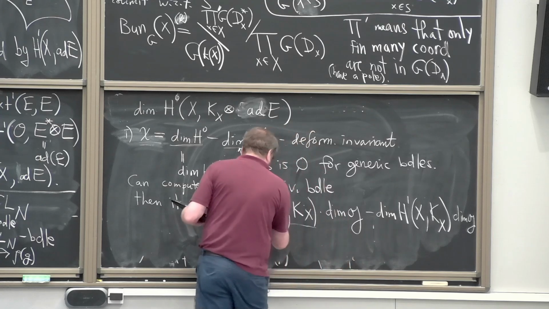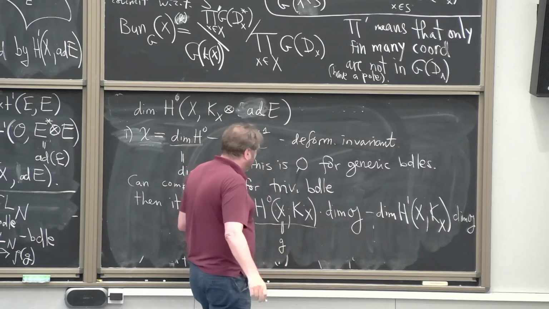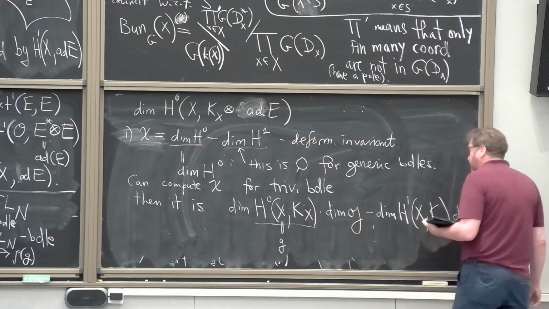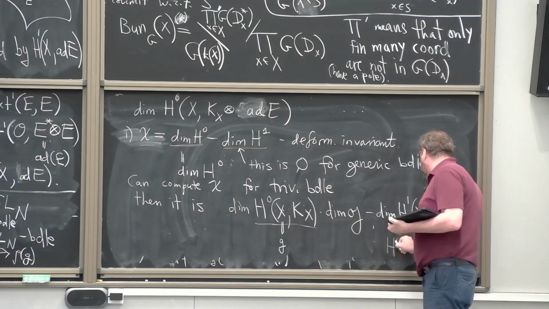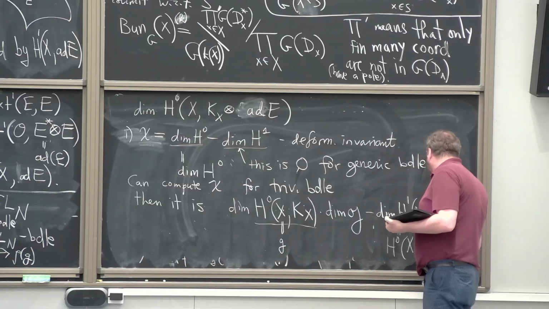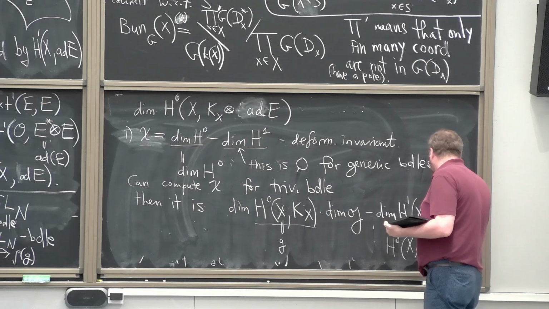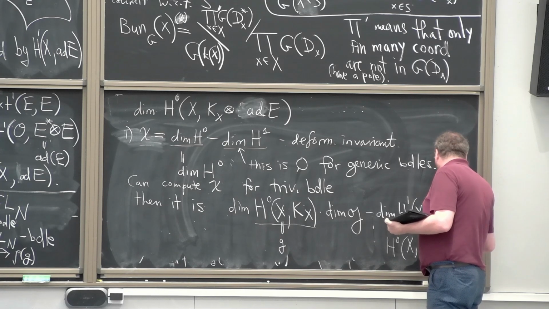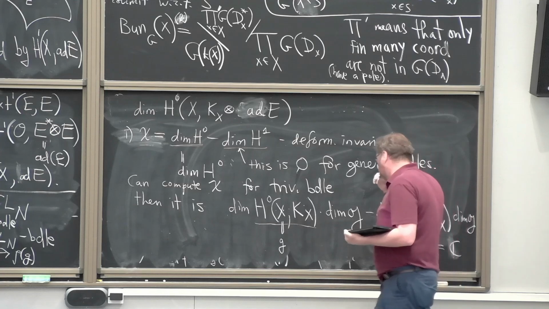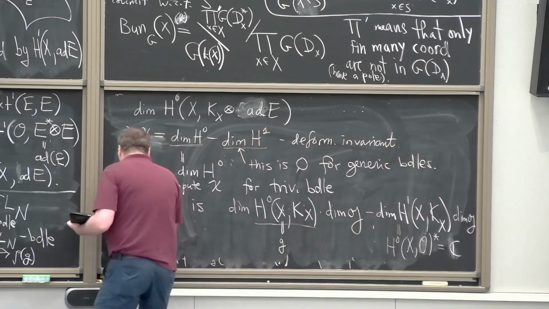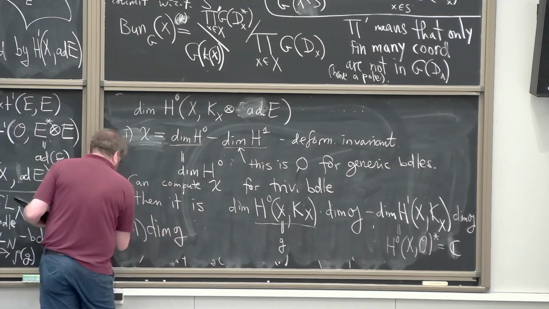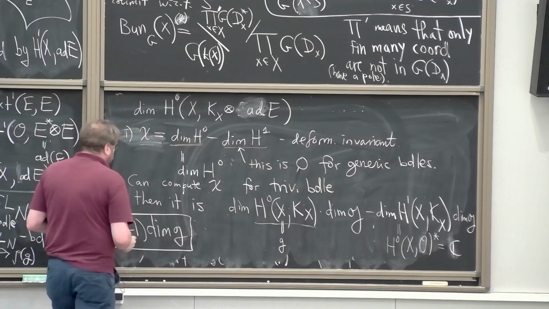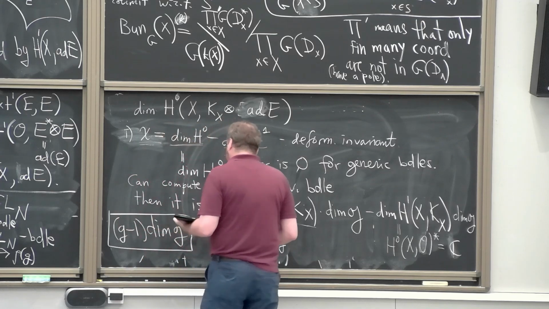But this is g, because this is the space of one forms, holomorphic differentials on your Riemann surface. And by Serre duality, H1 is H0 of X, K_X inverse times K_X, so just O dual, and this is just one dimensional. So you get 1. And so g times dim G minus dim G, so this is (g minus 1) times the dimension of G. And this is the answer for the dimension for semi-simple groups.